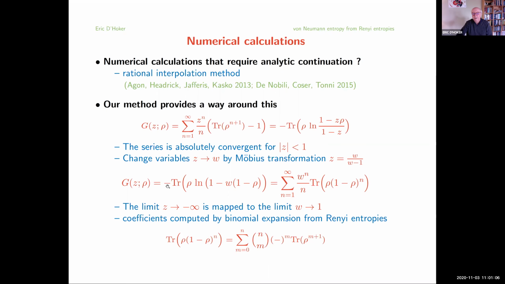And so numerically then, what we need is to have available the trace of rho to the n, as we did before, the Renyi entropies. And then by this binomial expansion, we have the coefficients of this series. You compute it numerically, and then let W go to 1. In the best cases, you just set W equal to 1, actually.